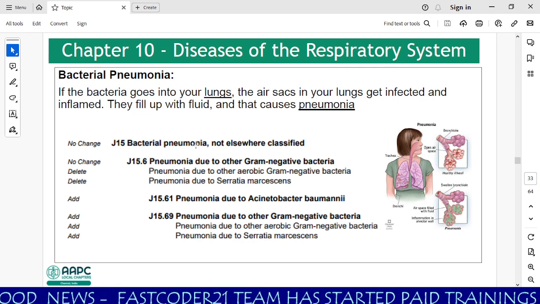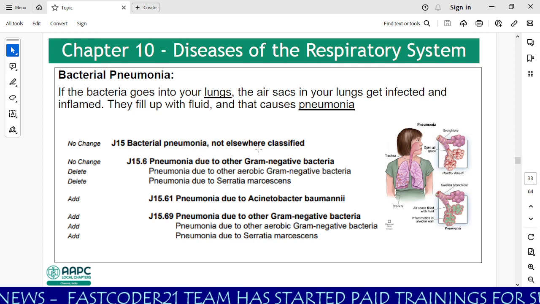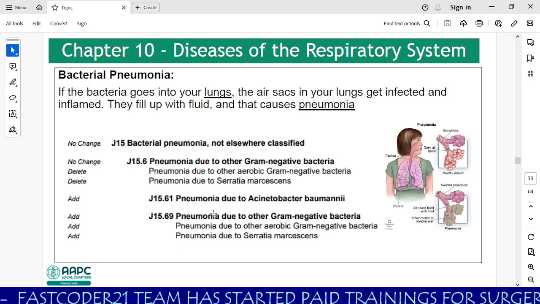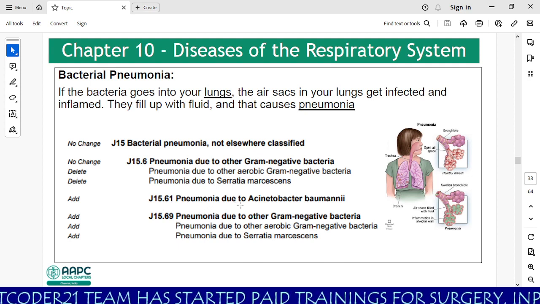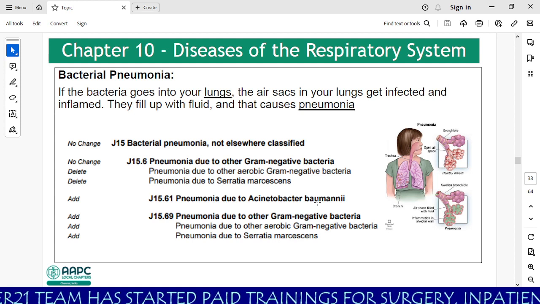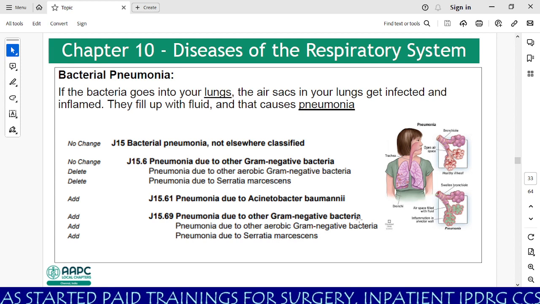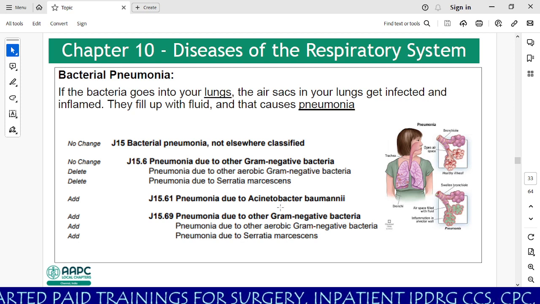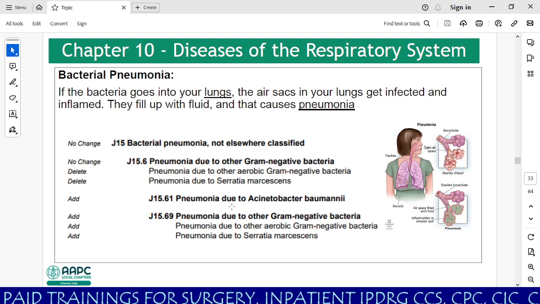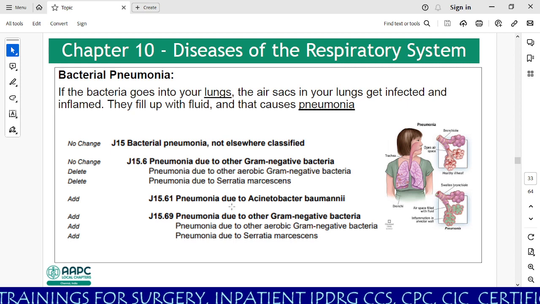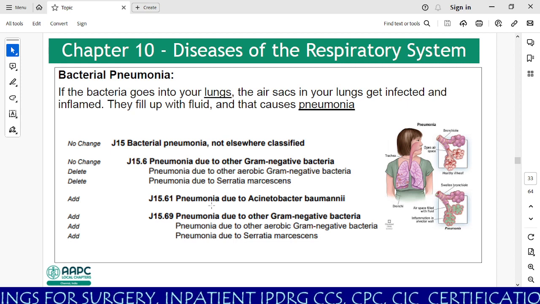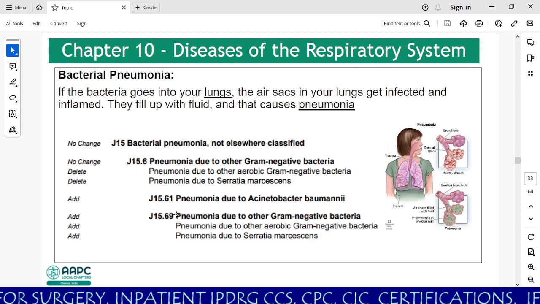J15 bacterial pneumonia not elsewhere classified, but they have added a few subcategories here. J15.61 pneumonia due to Acinetobacter baumannii, J15.69 pneumonia due to other gram-negative bacteria. Basically, these subcategories are new MCCs from October 1st, 2023. So this is the new MCC.